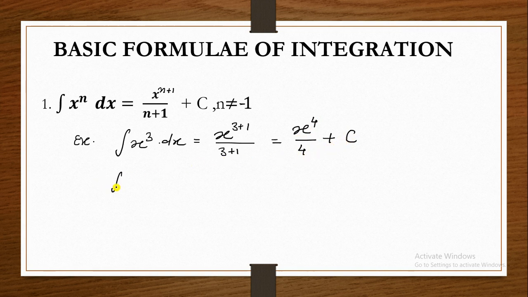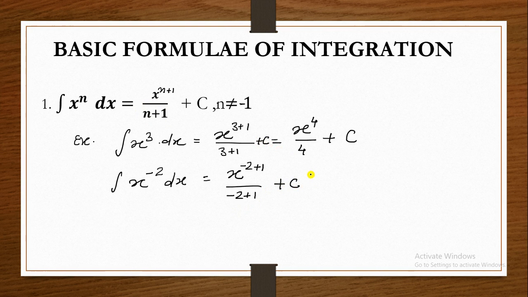Next, second example, x power minus 2 dx is equal to x power minus 2 plus 1 upon minus 2 plus 1. It means you add 1 in power and write down the power in denominator, plus c.